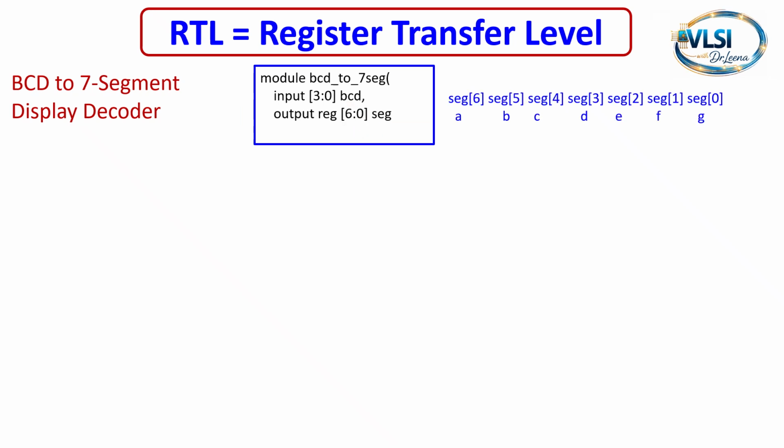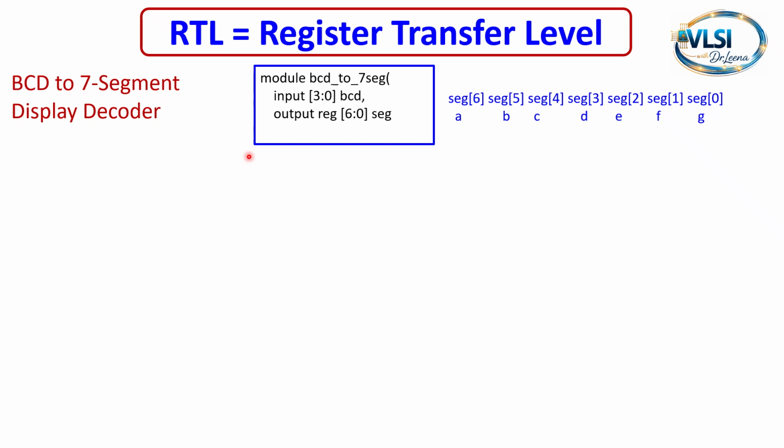Next the output signal, which is the signal going out of the module, and it is 7 bits for the 7 segment. The 7 bits are segment 0, 1, 2, 3, 4, 5, 6, and it is given as A, B, C, D, E, F, G.